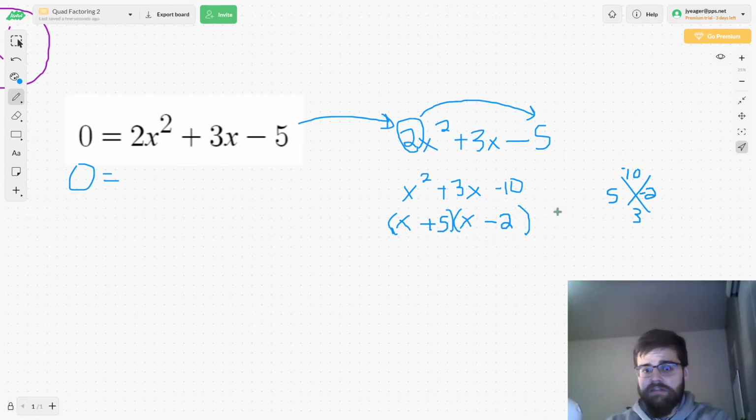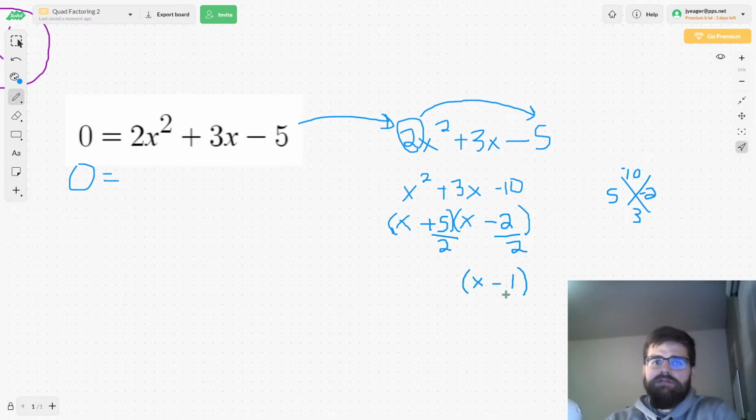Okay, so we slid, we factored, now we need to divide. So we slid the 2 earlier, so now we're going to divide the 2 here. Okay, so we get x plus 5 over 2, and we get x minus 2 over 2, x minus 1. And then the proper way to use factored form would be to not ever do a fraction.